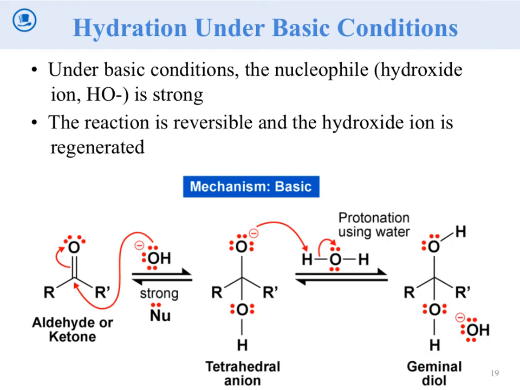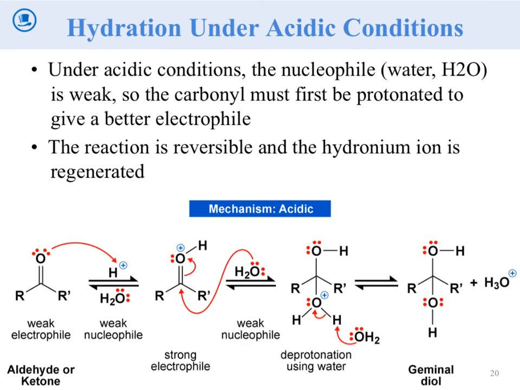So that's basic conditions. What would acidic conditions look like? What's going to be my first step? Protonation. So I'll protonate, make this a more reactive carbon of the carbonyl. I have a weak nucleophile, no negative charges. In this case, water comes in, reacts. I make this tetrahedral intermediate. And then more water comes in and regenerates this acid as catalyst.